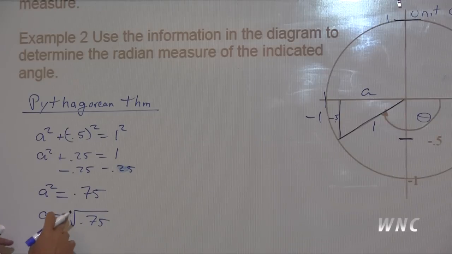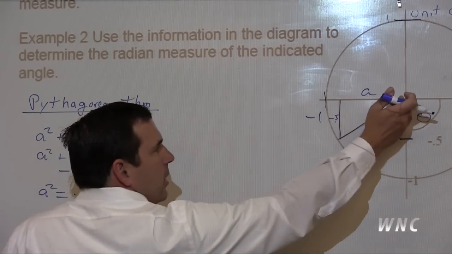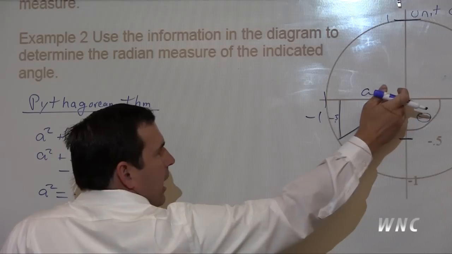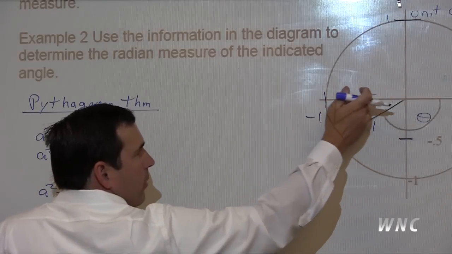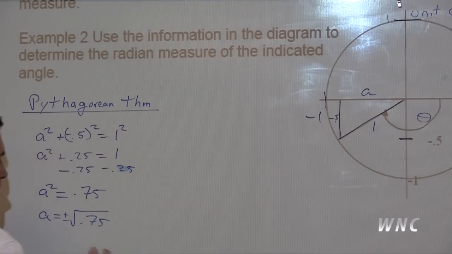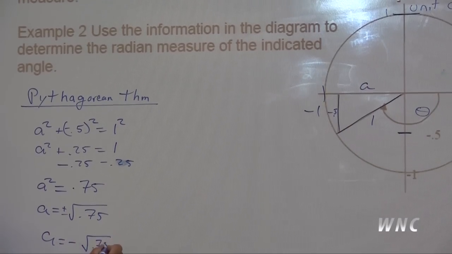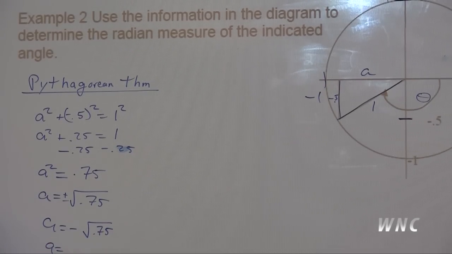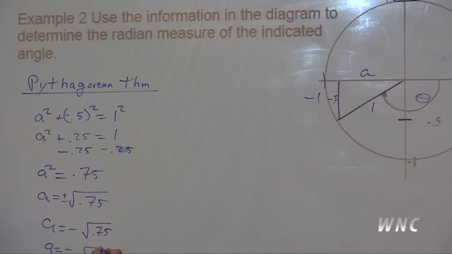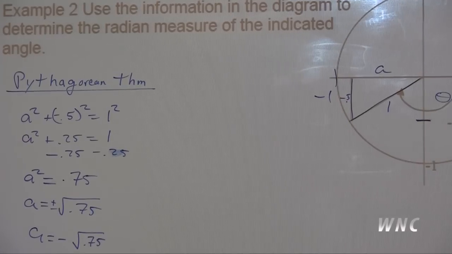Now, the principal square root is positive, but we have to go with plus or minus because of the variable. And given the location here, we're on the x-axis to the left of the origin, so it needs to be the negative. So A equals the negative square root of 0.75. Well, let's take that a step further. A is negative the square root of 3/4.